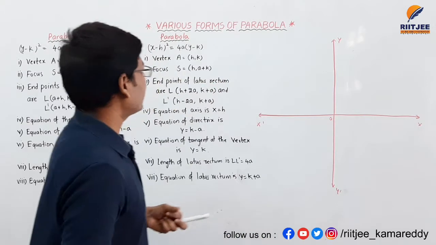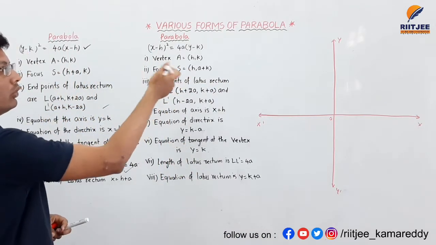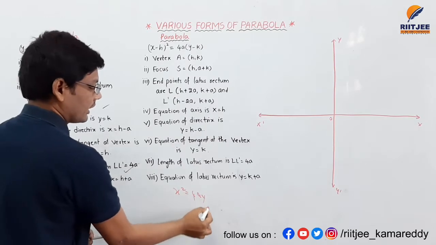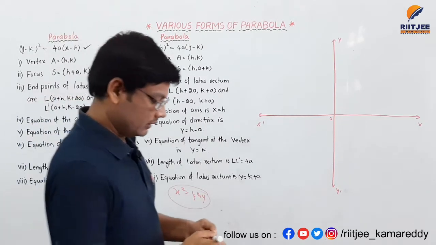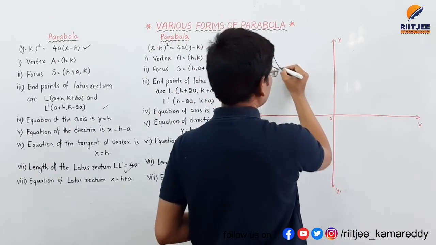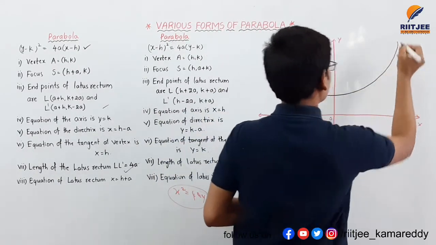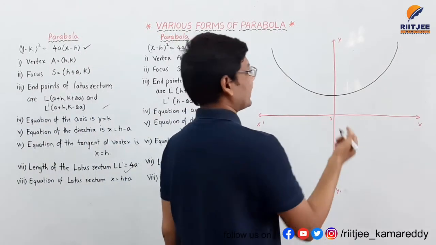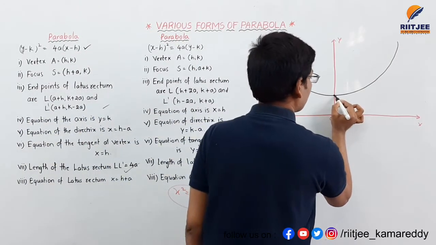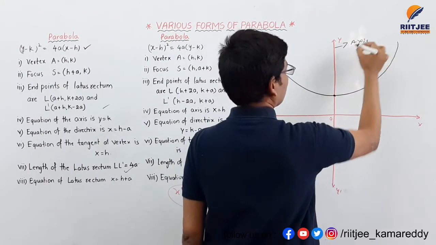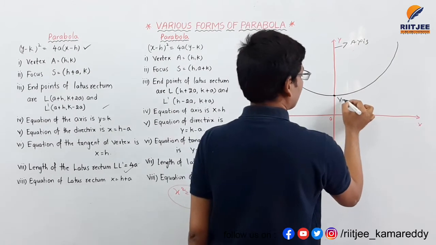Here x square is equal to 4ay, then the parabola looks like this. This parabola is intersecting the principal axis. This is the principal axis. So this is nothing but the vertex.